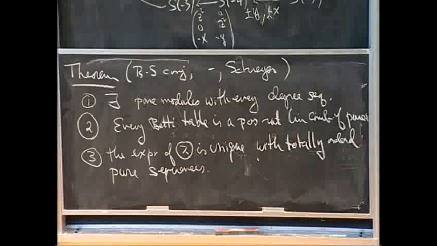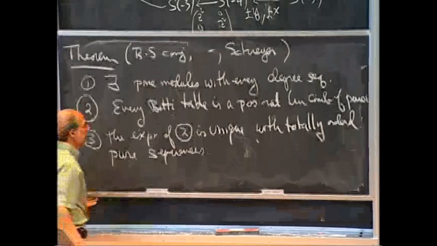This statement is equivalent to saying that this cone is really a simplicial fan where the rays are the pure resolutions. So for this group, that might be even a better statement.